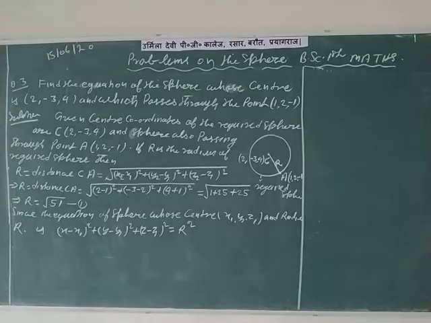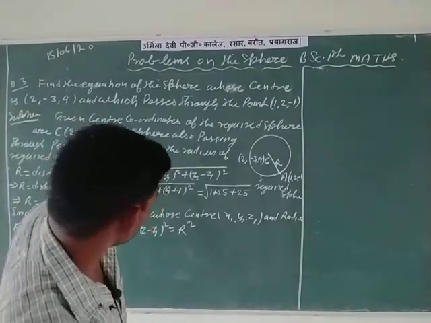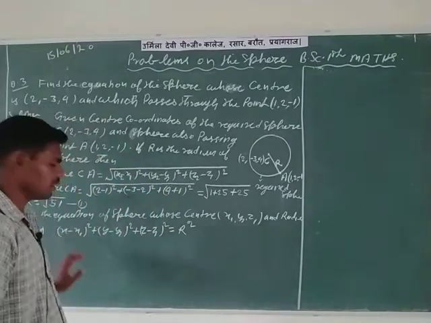This is the formula for the equation of the required sphere when the center and radius are given.